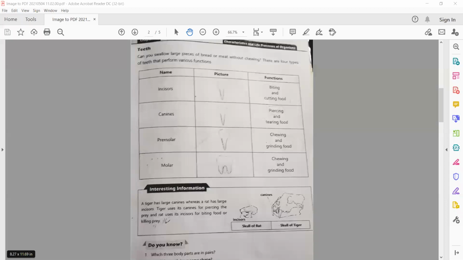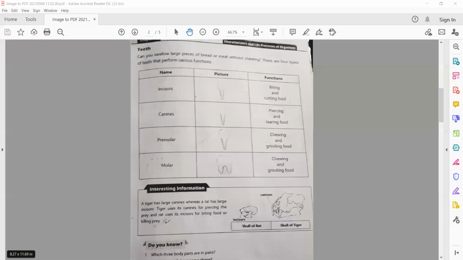Okay, let me explain. There are 4 types of teeth that perform various functions. Their names are incisors, canines, premolar, and molar. Incisors, the teeth at the front of the mouth used for cutting and biting. There are 8 incisors, 4 in each jaw.